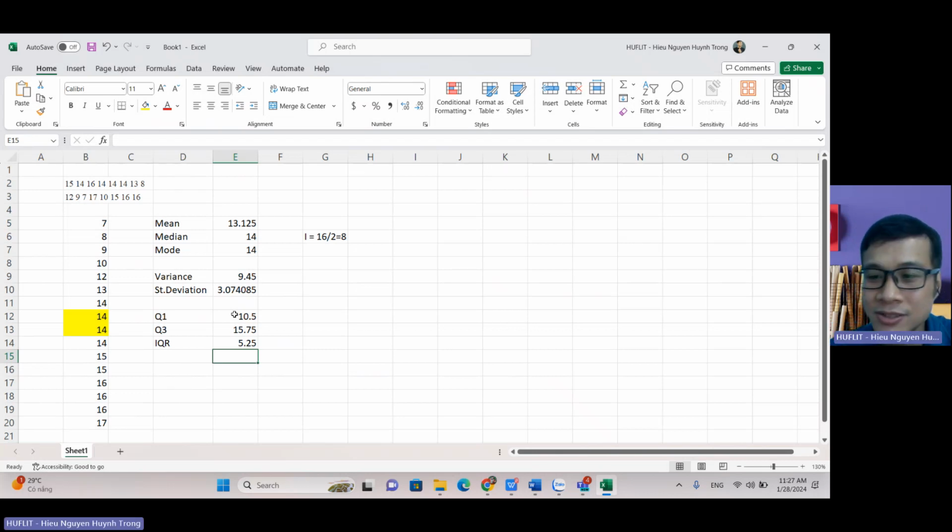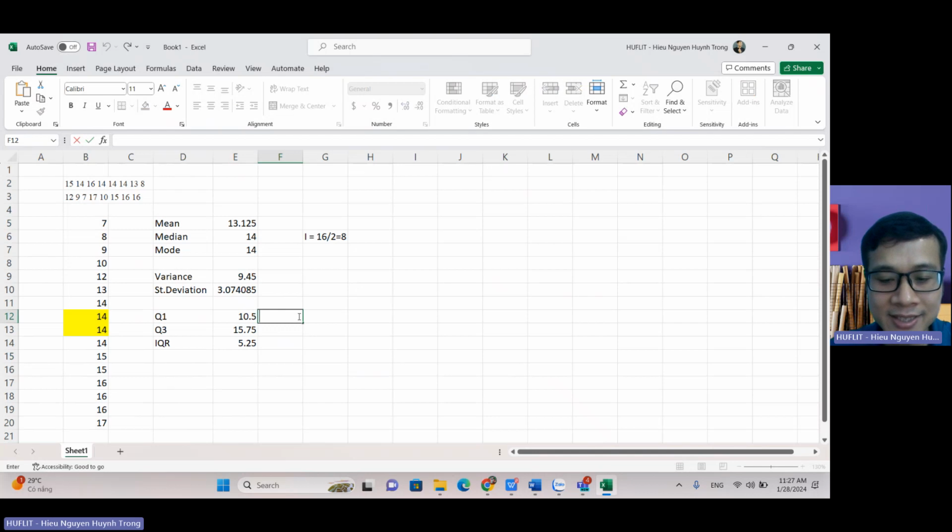However, if you want, you can compare the answer that Excel generates with the answer that we work out by hand with the formula. If you still remember the index number, i will be equal to 25%, or 0.25, times the data set size, in this case 16, and that will be equal to 4.